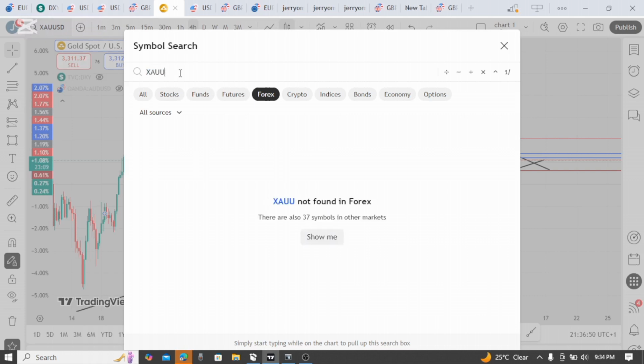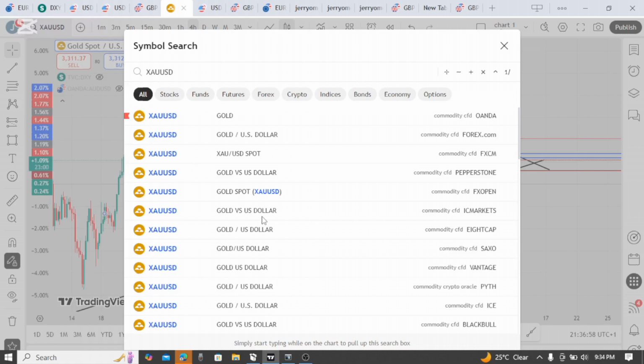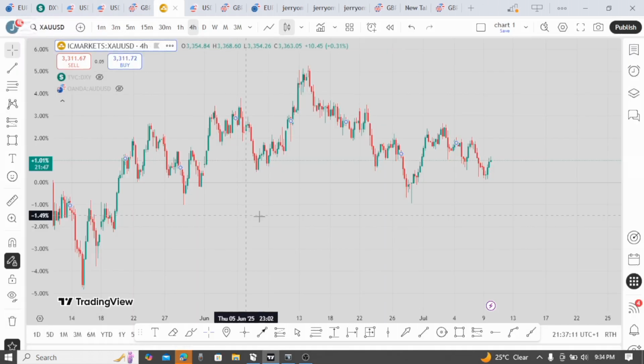If you go against the trend, it will go against you. It's something you always have to work with. So I told you earlier that you have to stick to the trend and work with the trend. Based on this, I will just assume that you know what market structure is all about.